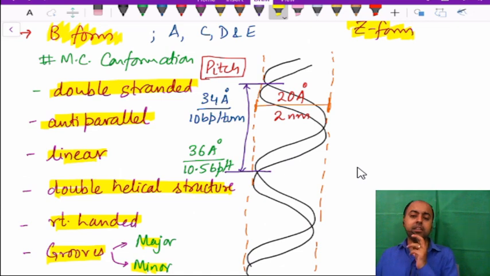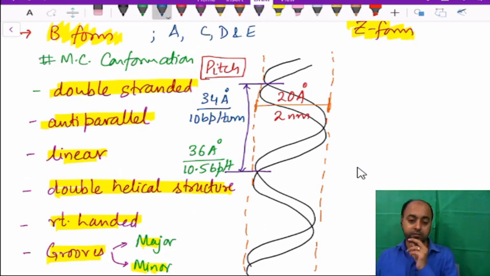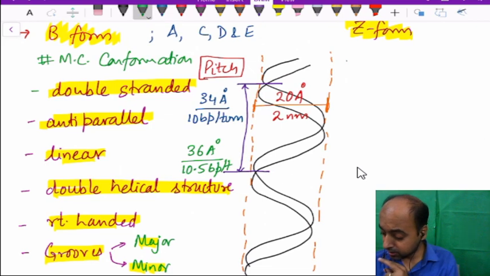When I say right-handed, it means the winding of the helix is clockwise. We quickly compare this with the Z form of DNA. The Z form DNA is the second most common. The first three features are the same.